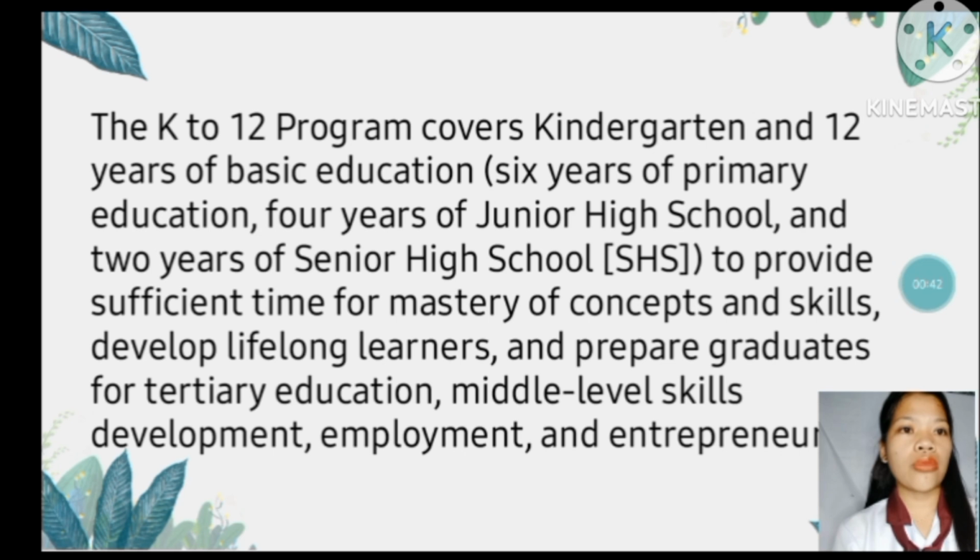The K-12 program covers kindergarten and 12 years of basic education, 6 years of primary education, 4 years of junior high school, and 2 years of senior high school, or SHS, to provide sufficient time for mastery of concepts and skills, develop lifelong learners, and prepare graduates for tertiary education, middle-level skills development, employment, and entrepreneurship.